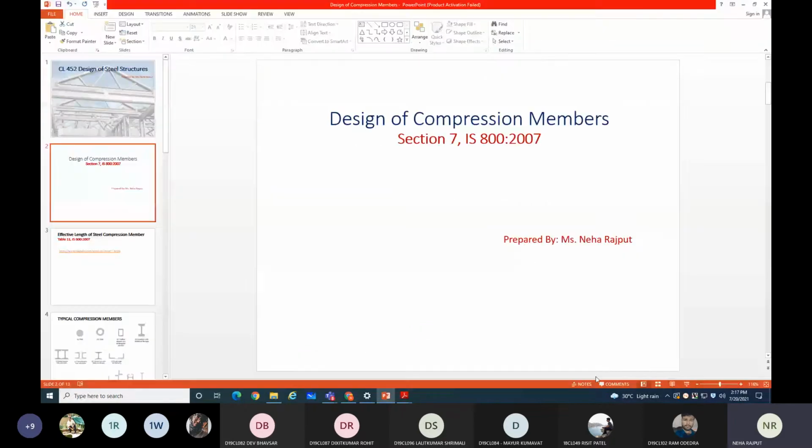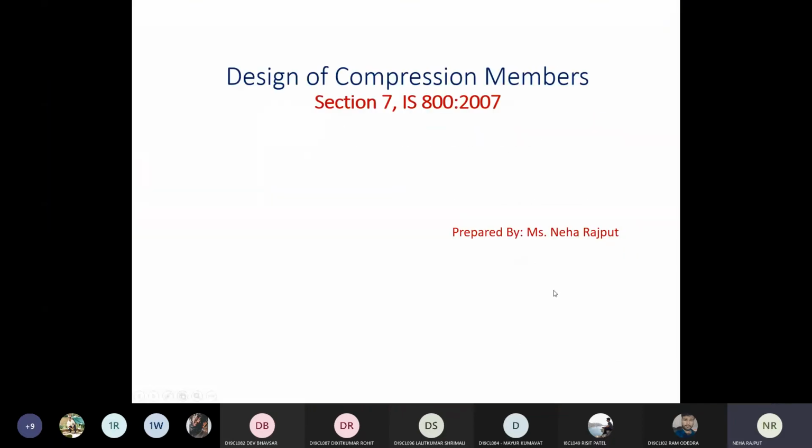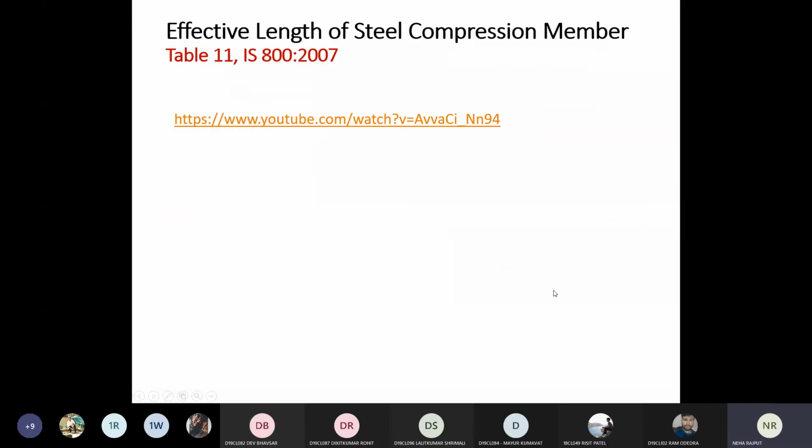So before starting with this section number 7, the very first thing that you need to understand, or you already know, is the effective length of a steel compression member. So this part is already known to you, that for the different support conditions of the column. So say for example, I am drawing the line diagram for the column.